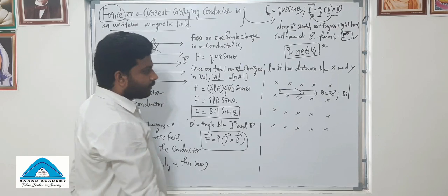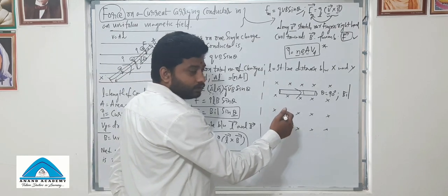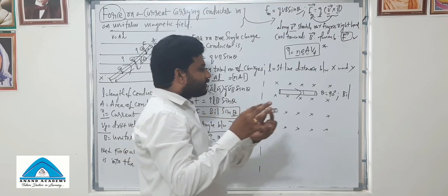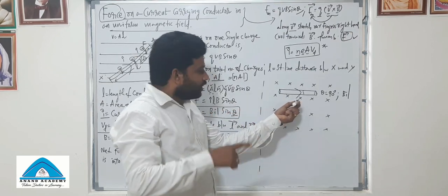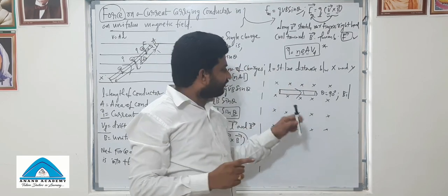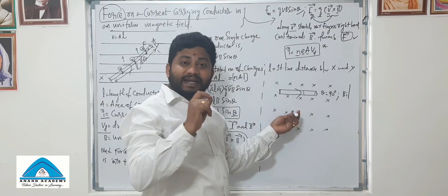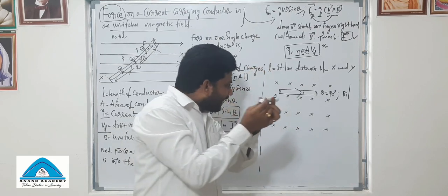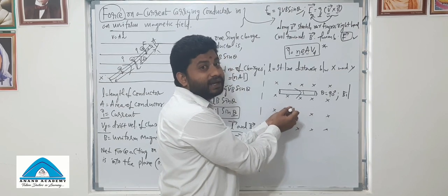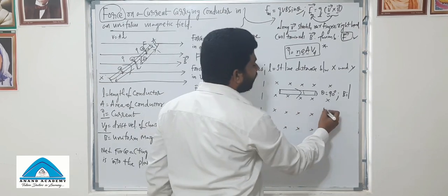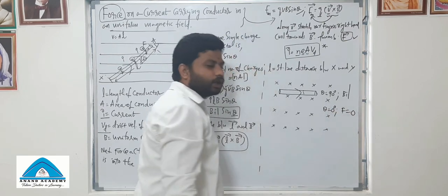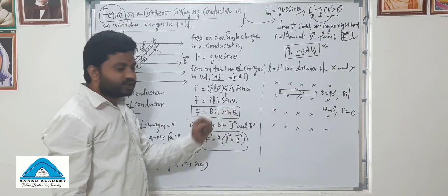Now imagine the current carrying conductor is placed in the direction of the magnetic field. So this is L bar and that is the B bar, right? That was the first case. The second case is where the current carrying conductor is placed in the direction of the magnetic field. Then theta will be 0 degrees, so the force also will be 0 because sine 0 is 0.